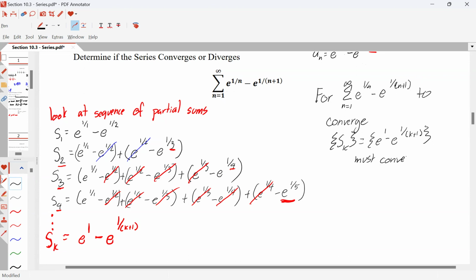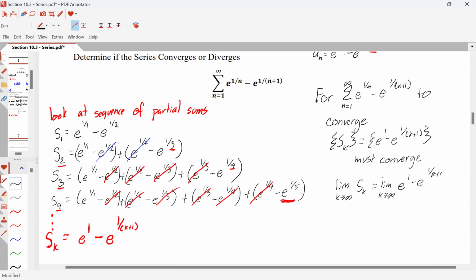And for a sequence to converge, we look at its limit. So the limit of the sequence s sub k is the limit as k goes to infinity of e to the first minus e to the 1 over k plus 1.